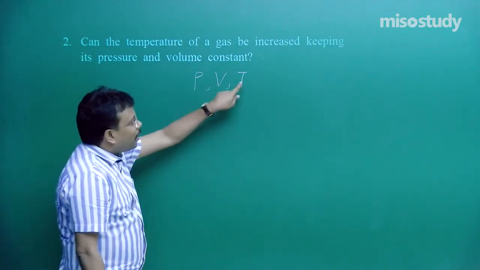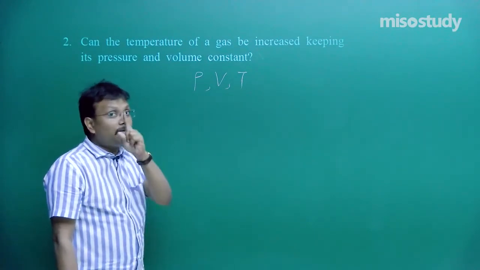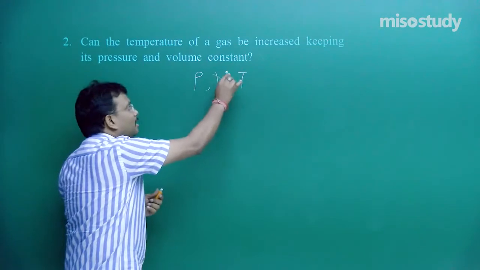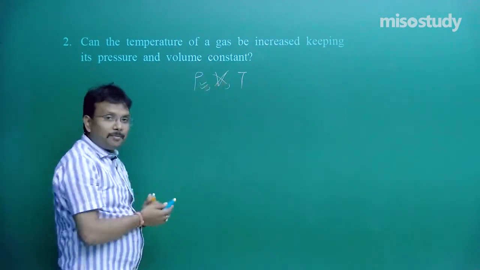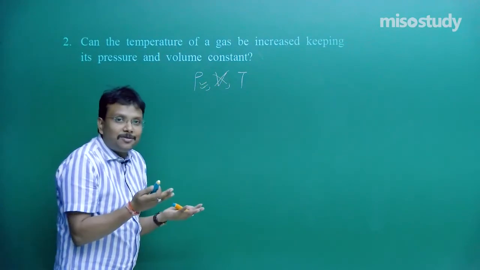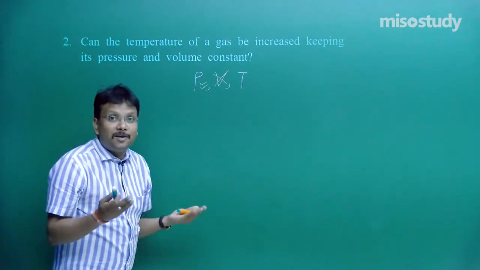The moment you provide heat energy or extract heat energy, what will happen? The volume will remain the same, but what about the pressure? Pressure is what? Momentum transfer. Momentum transfer is associated with root mean square velocity.